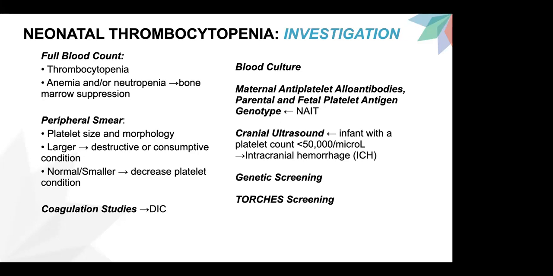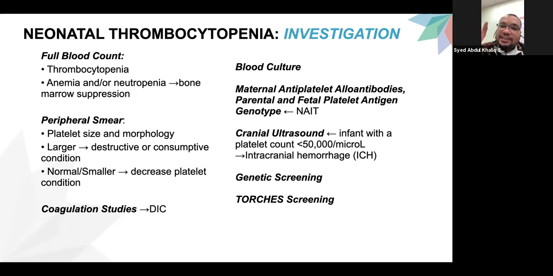So among the easiest investigations to differentiate between maternal ITP and NAIT is just doing a simple maternal FBC. If the platelet count in the mother is normal, it suggests that it is very unlikely to be maternal ITP. Sebab kalau maternal ITP, you would expect mom punya platelet pun would be low lah, sebab mom ada ITP.